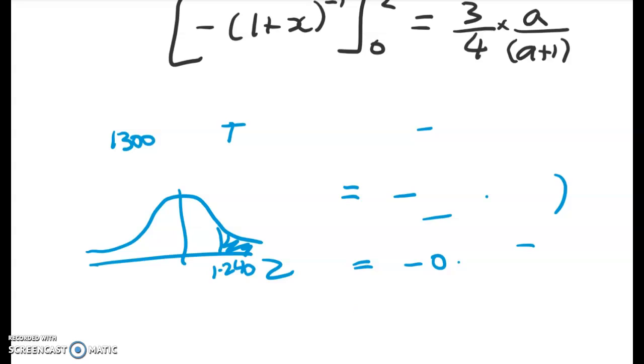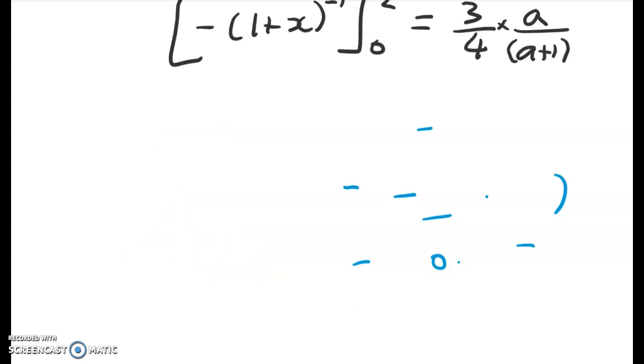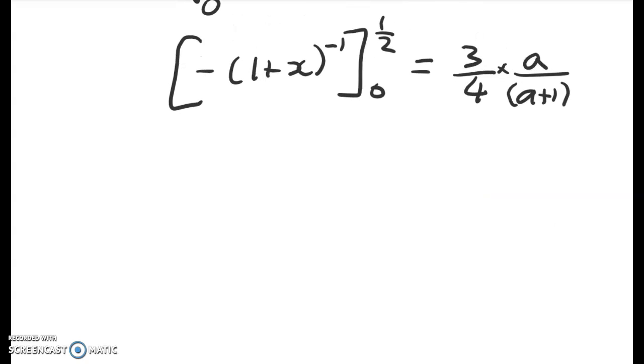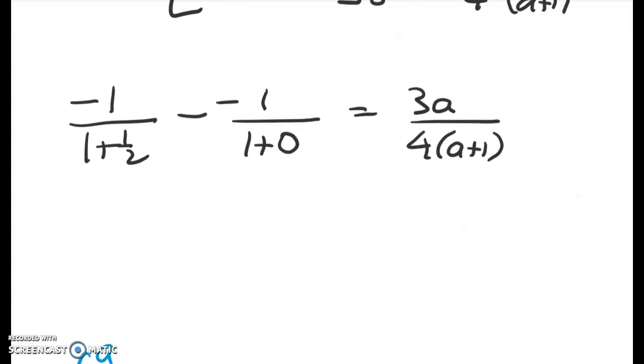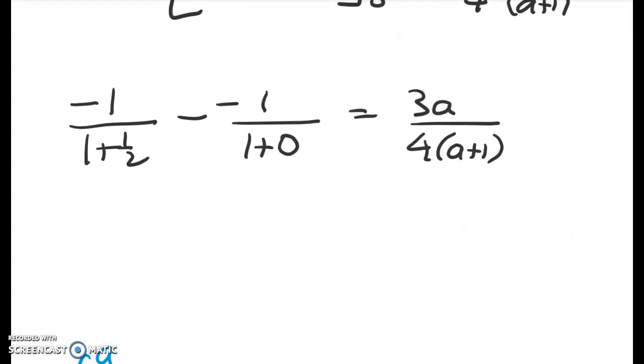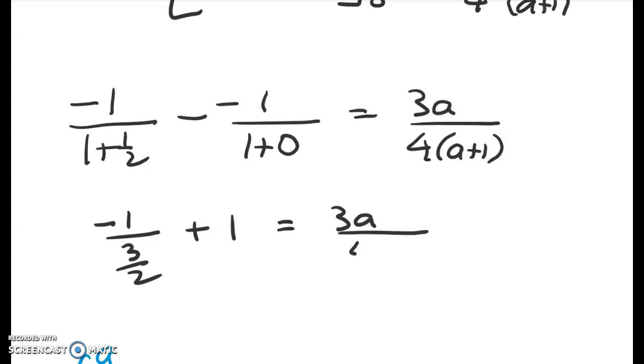So we work this through now, work through the integral. I'm going to pause the video so you don't have to watch me writing it all out. Okay, so there's my substitution part done. I could have taken the negative through to the other side, but I haven't. So we've got negative 1 over (3/2 plus 1) is equal to 3a over 4 times (a plus 1).